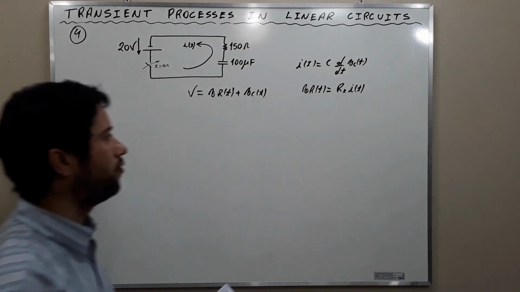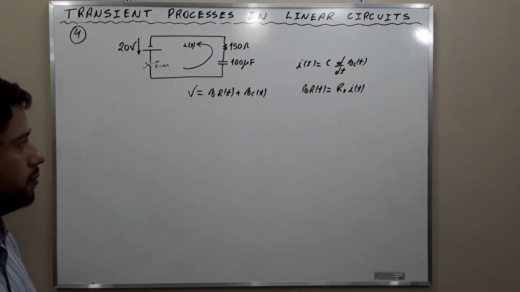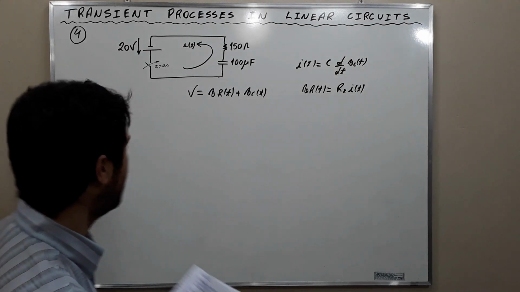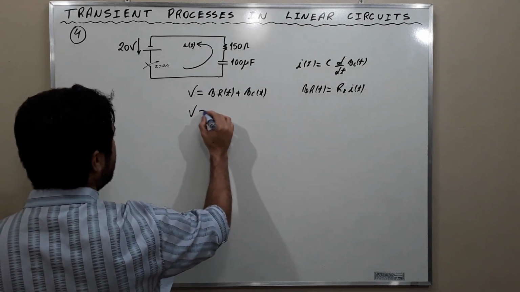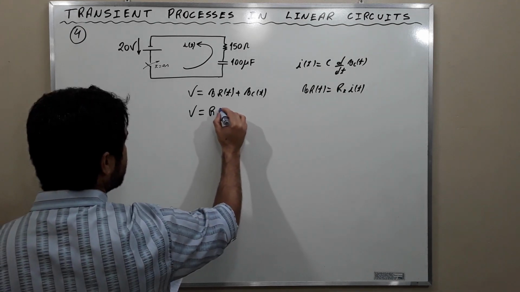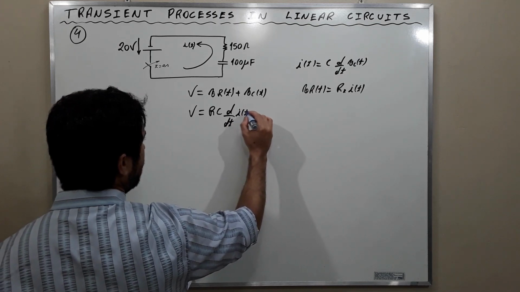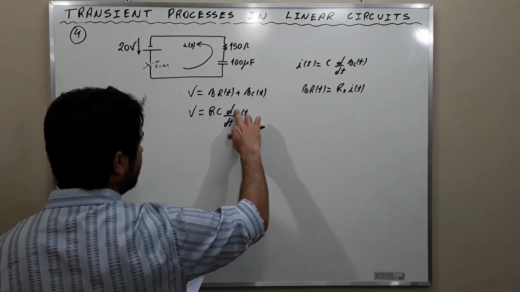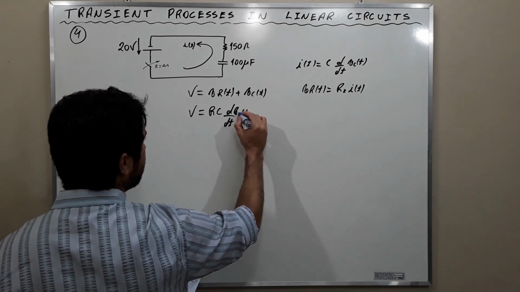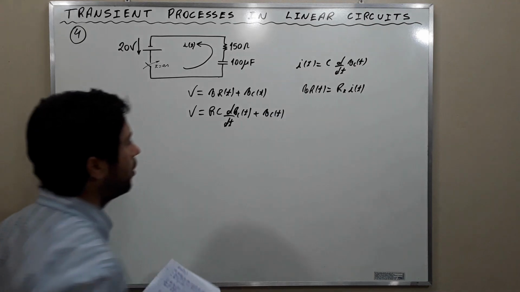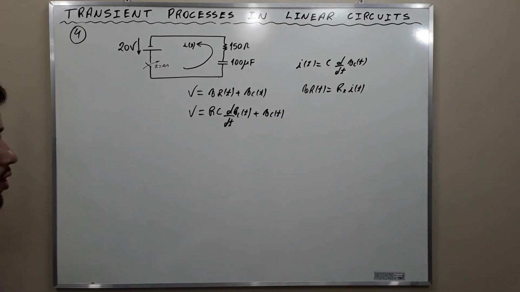Okay? This is the voltage across a resistor. And we are going to use this expression here, okay? Then it becomes V is going to be equal to RC times the derivative with respect to time of Vc of t plus Vc of t. Alright? This is the differential equation that we need to solve to calculate what the exercise wants us to calculate.